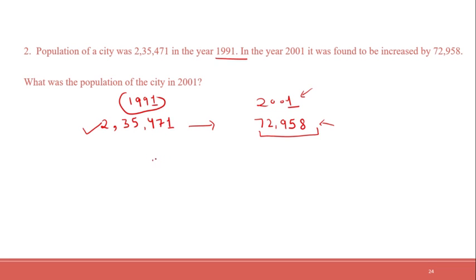So what we have to do is just write 2,35,471, and we just need to add the increased part, right?